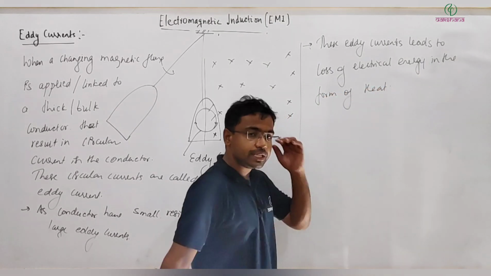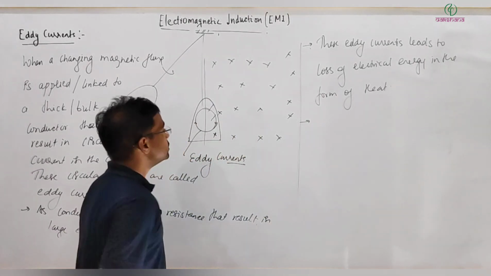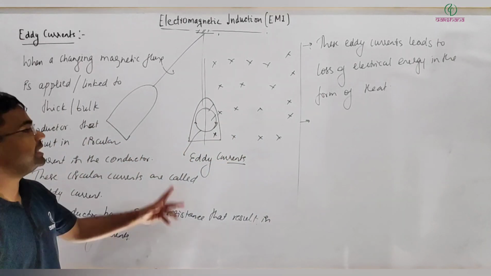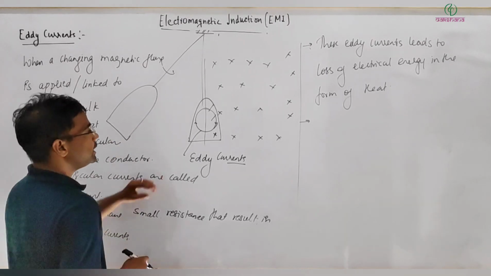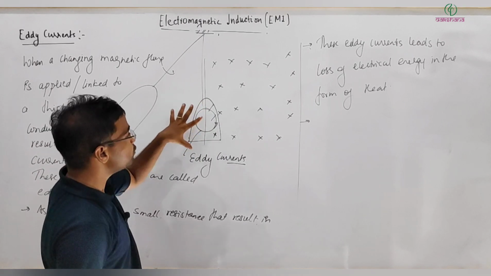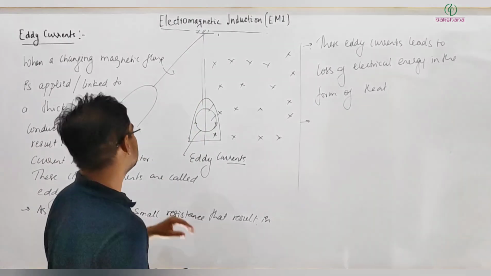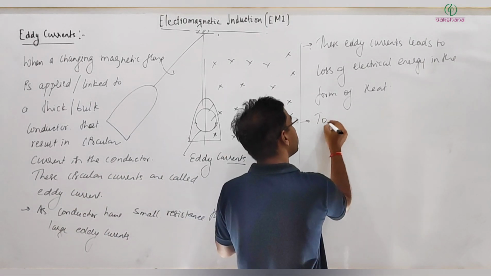So if we want this eddy current to be reduced, then what can be done? To reduce it, either we can laminate these conducting sheets, or if we are able to reduce this area, then the loop size will be reduced.